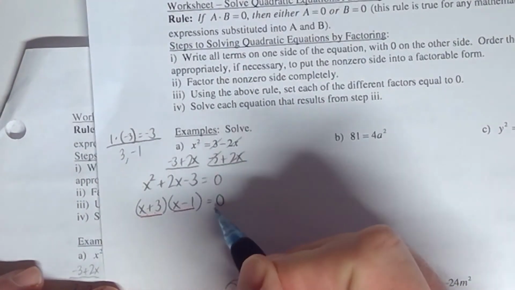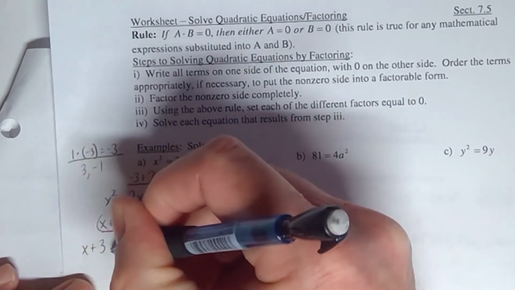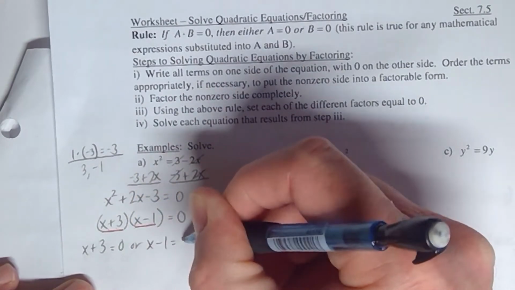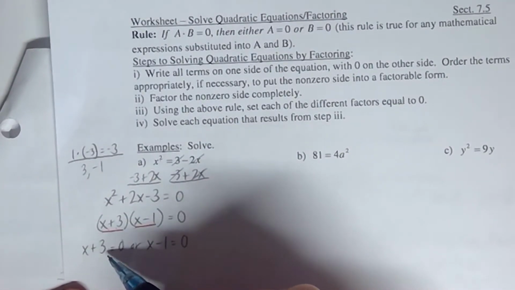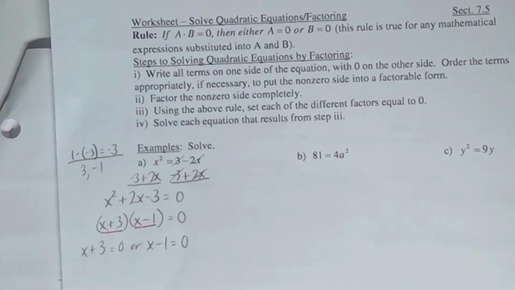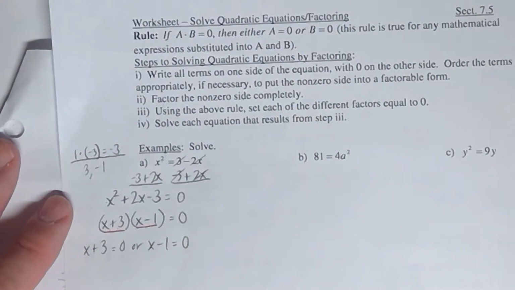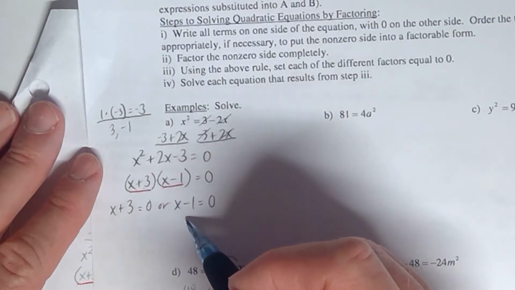Since we've got two brackets equal to 0, what that means is that the first bracket is either going to be equal to 0 or the second one. You don't need the brackets anymore when you do that because there's nothing else on that side of the equal sign other than just the bracket. There's nothing outside of it being multiplied by it or anything like that. So you don't need the bracket anymore. But you set what's inside of the bracket equal to 0.